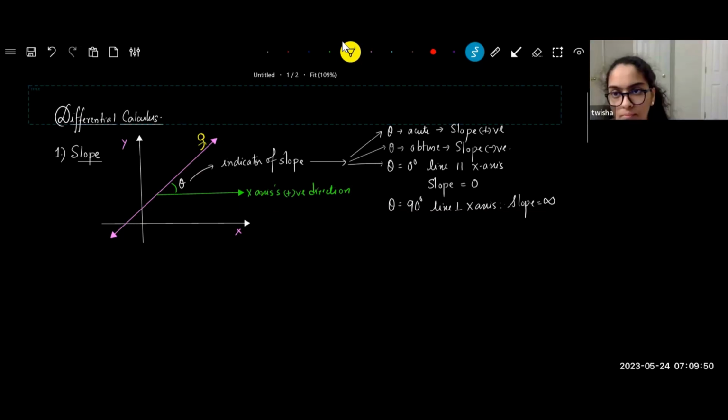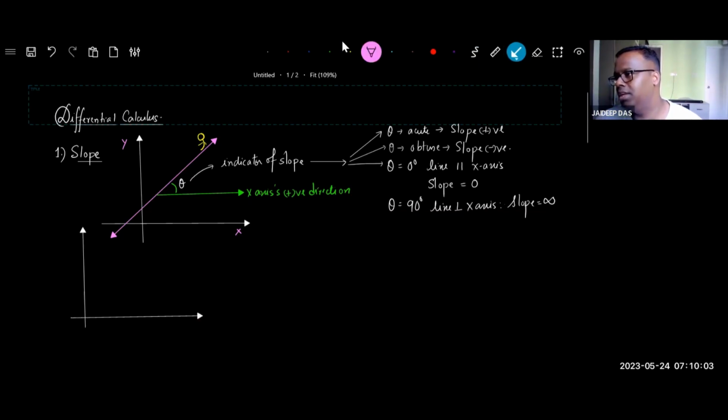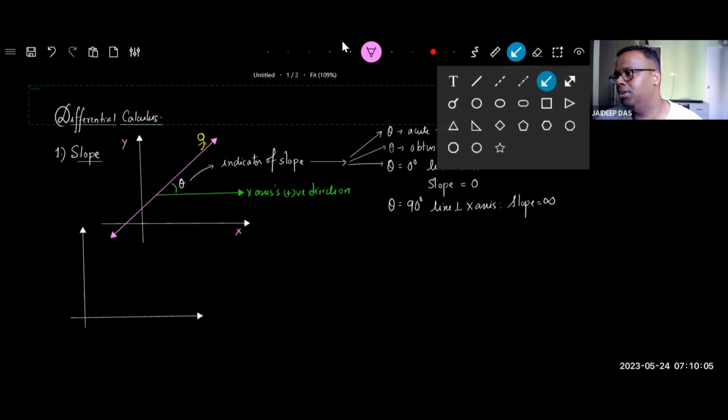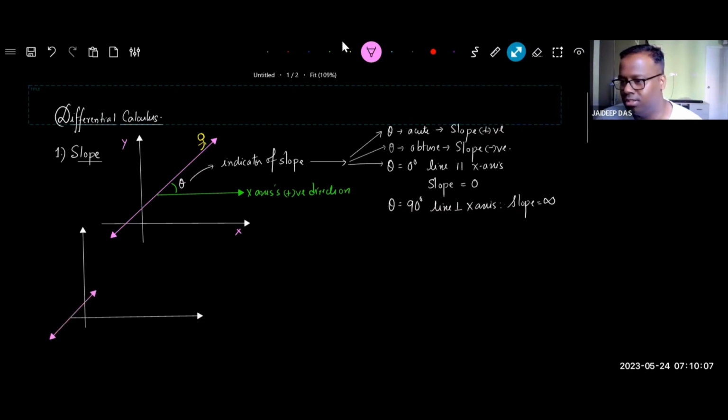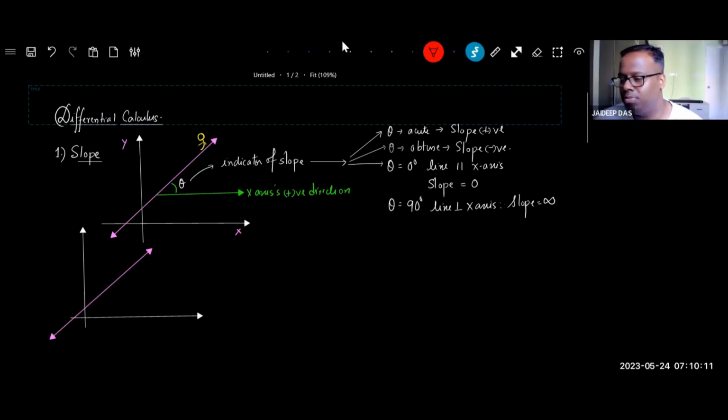We go to our level 2 of discussion now. We take the same coordinate system and we take our same line. I'm doing a replica of the previous figure. And out here, let me pick up any 2 points. This is 1 point and this is 1 point.